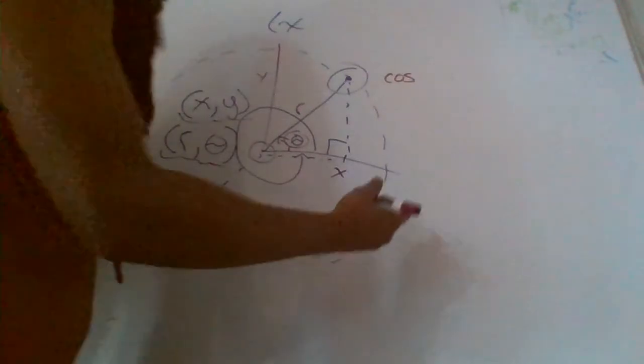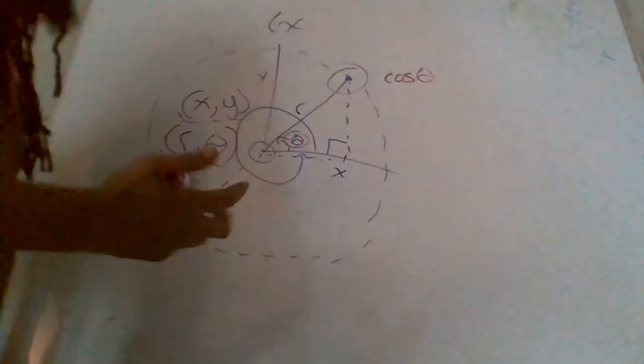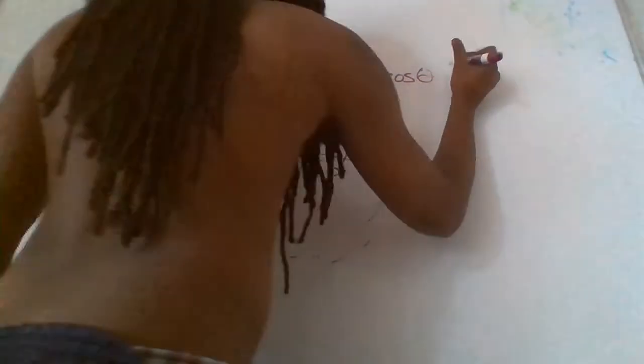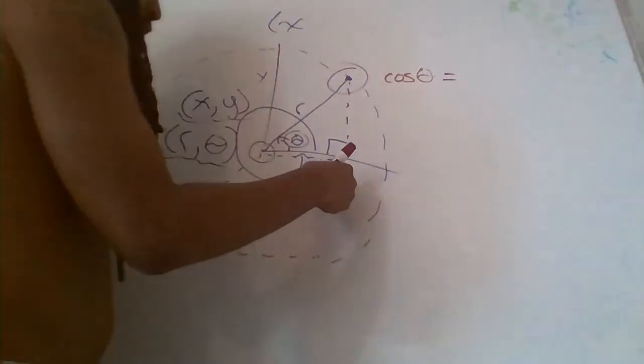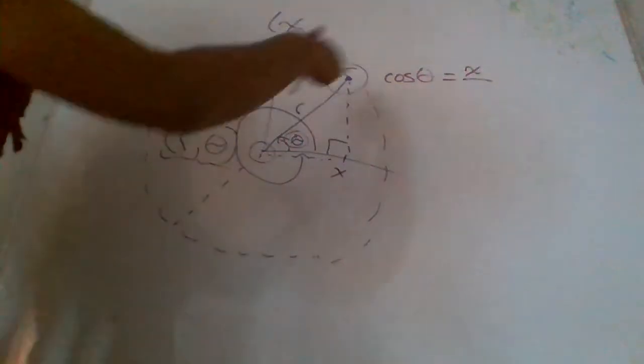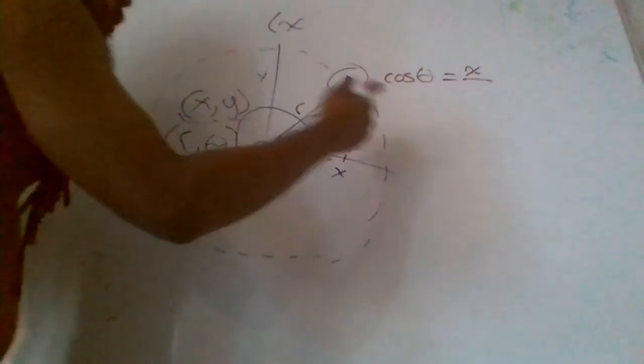So we want the cosine of theta, one of our ratios. And we said that the cosine of theta is equivalent to our value of x over top, a ratio of our value of r.